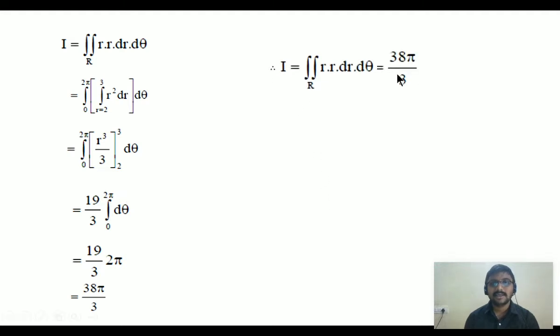So easily we can obtain it by changing Cartesian coordinates into polar coordinates. Don't forget the transformation equations. Once again, the transformation equations are x is r cos theta, y is r sin theta, and dx dy is r dr d theta.